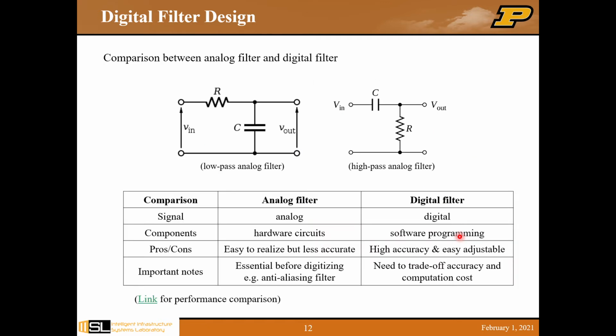All right. So filters can be classified into two types: analog filter and digital filter. An analog filter is built upon hardware circuits. It is usually made of resistors, capacitors, etc., and it deals with analog signals.